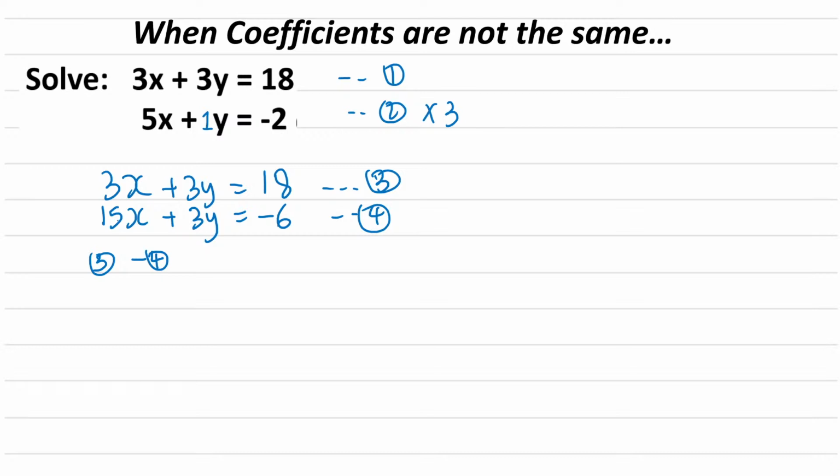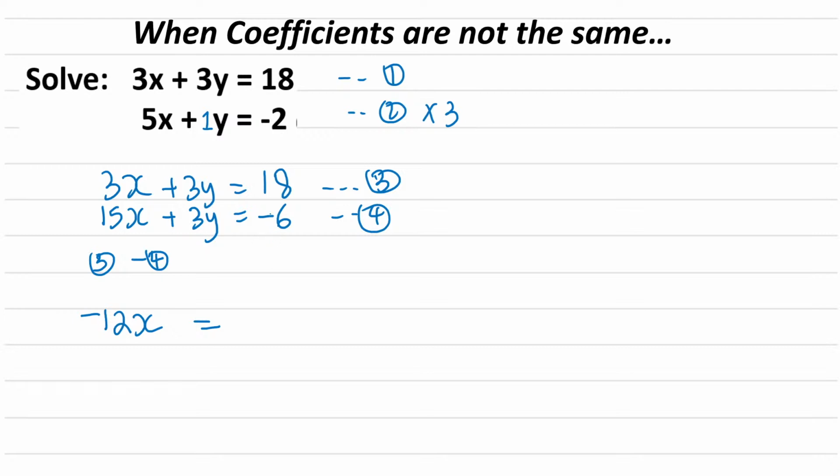That is going to give me negative 12x. 3y take away 3y is 0. And this is going to be equal to 18 take away negative 6, that is going to give me plus 6.